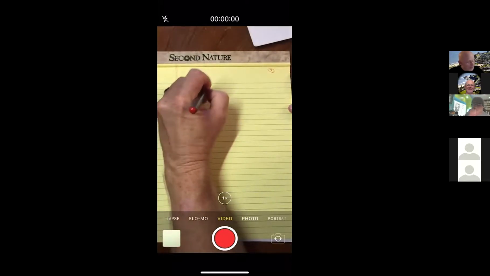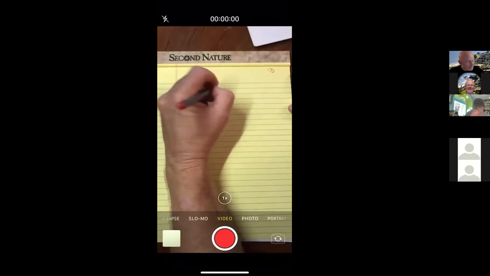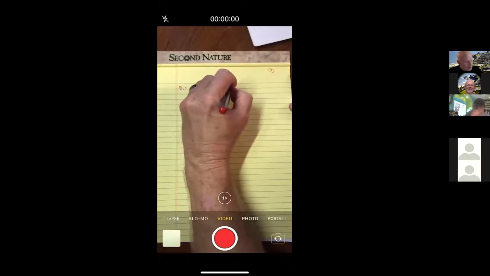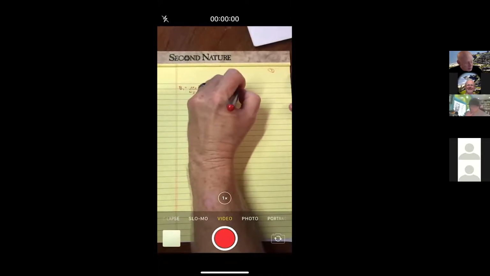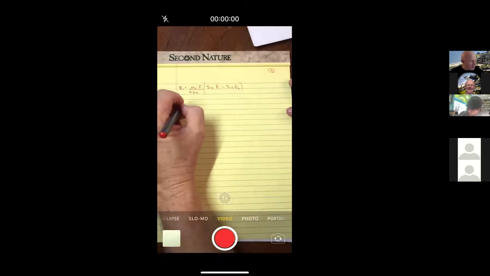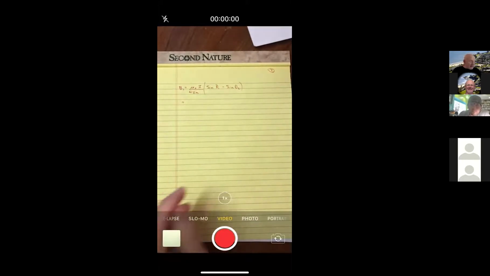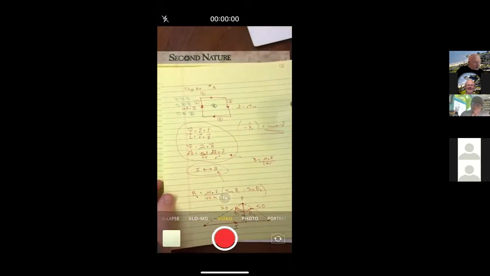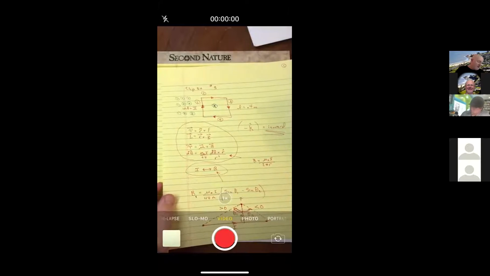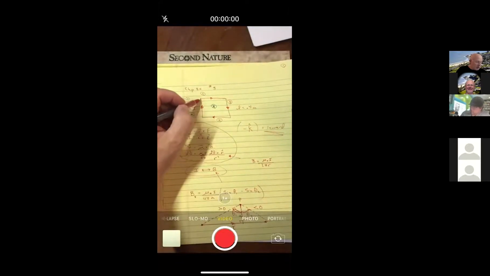I'll just repeat the equation to get us started on page 2.